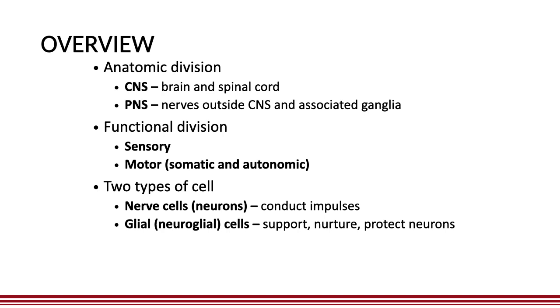So somatic is voluntary, autonomic is involuntary. The autonomic nervous system is further subdivided into the sympathetic and parasympathetic nervous systems. The sympathetic nervous system is responsible for the fight or flight response, which prepares the body for action in response to stress or danger.